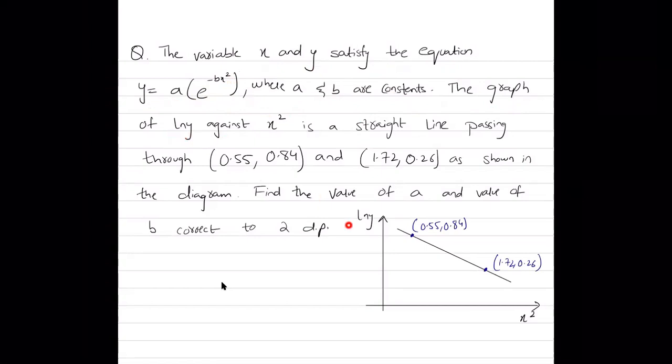The graph of ln y against x squared is plotted, and it gives a straight line. That line passes through the coordinates 0.55, 0.84 and 1.72, 0.26. You need to find the value of a and the value of b in this equation.